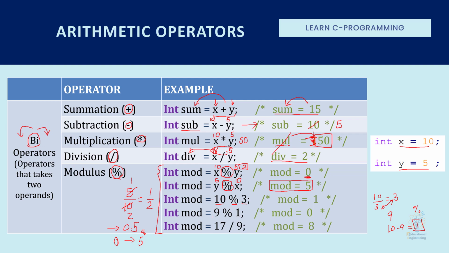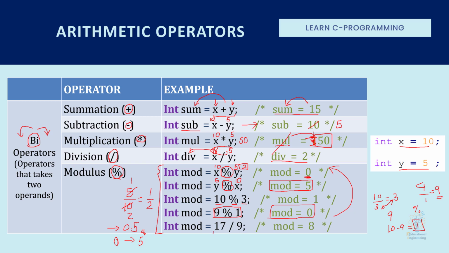Let's try this again with this. Now 9 divided by 1 equals 9. There are no fractions and no remainder, so the mod will equal 0, just like in this example at the beginning here.